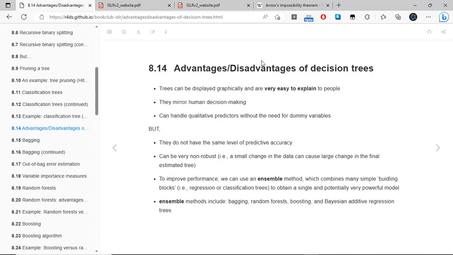However, these decision trees do have a lower predictive accuracy compared to the other models that we have been studying. And they are also quite non-robust.